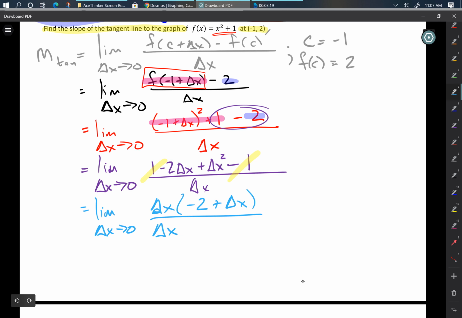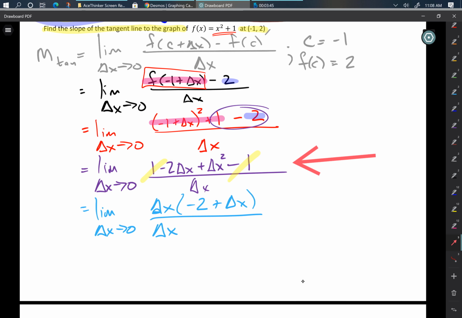Now, I want to just notice something about this. At this stage right here, after you cancel anything that'll cancel, everything in that numerator better have a delta x in it. If there is a term left in your numerator without a delta x, get out your eraser and start over. You have made a mistake.